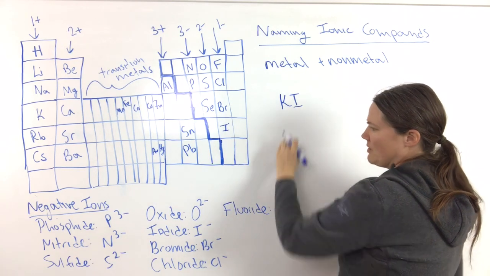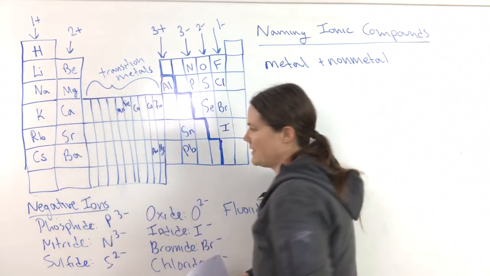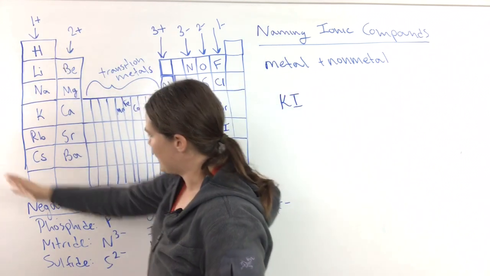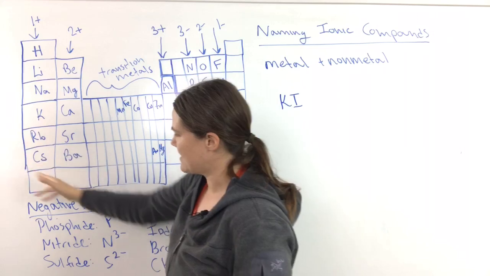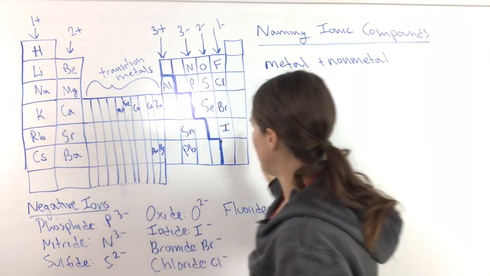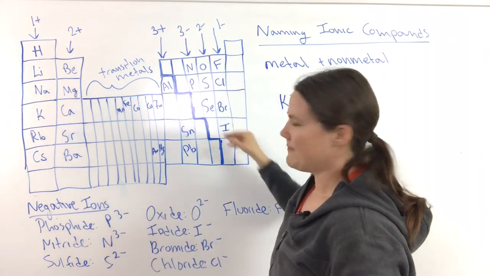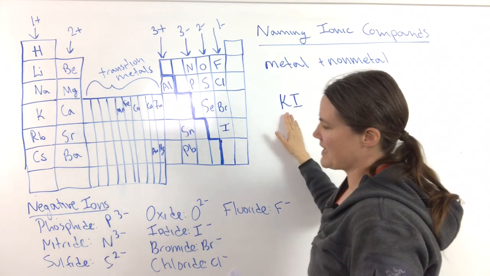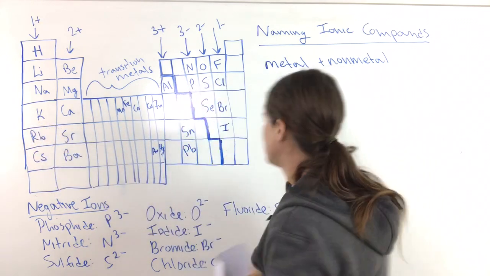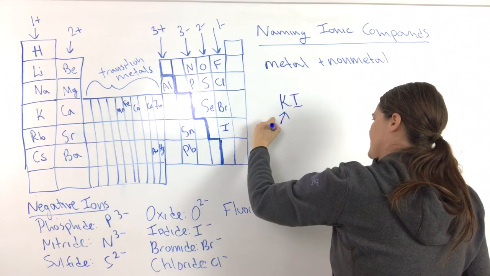So what we want to do is look at the periodic table and remember that the metals are over here and the nonmetals are over here. If we look at this, we have potassium, which is right here. So potassium is a metal.